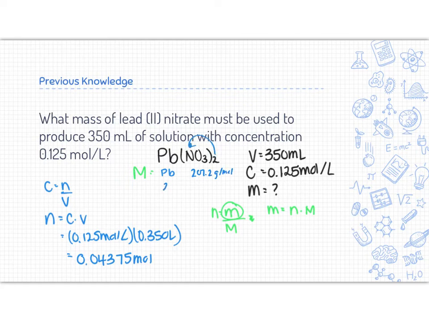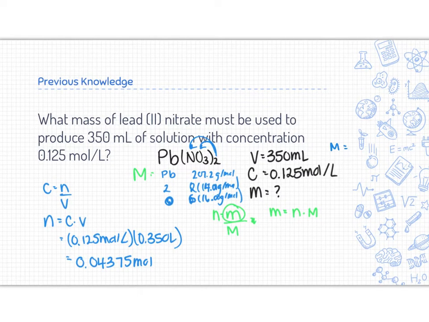There are 2 nitrogens, so 2 times 14.01, and there are 6 oxygens, so we'll multiply oxygen by 6. So 207.2 plus 28.02 plus 16 times 6, I get a molar mass of 331.22 grams per mole.